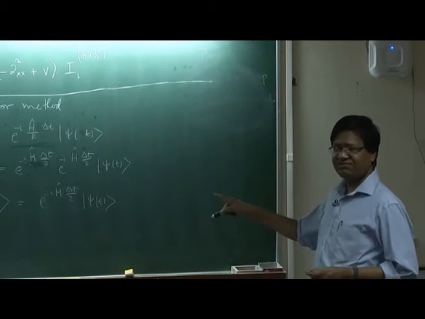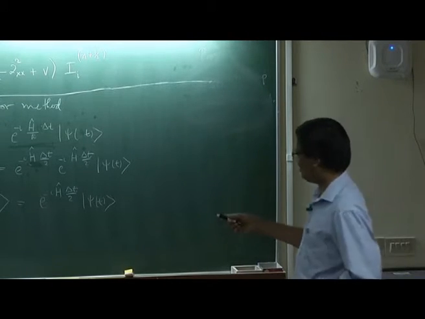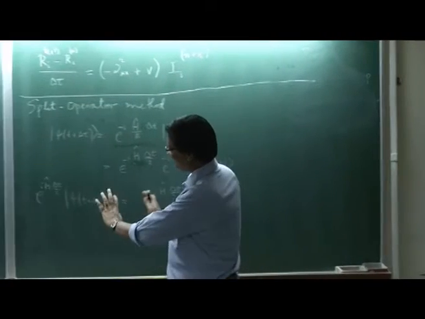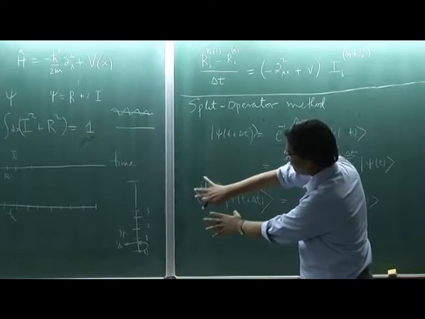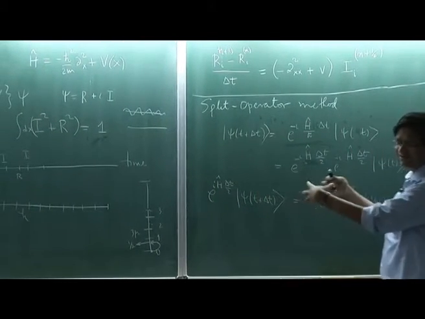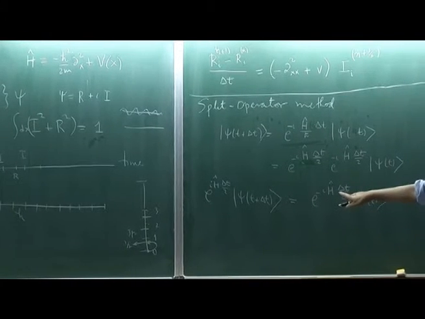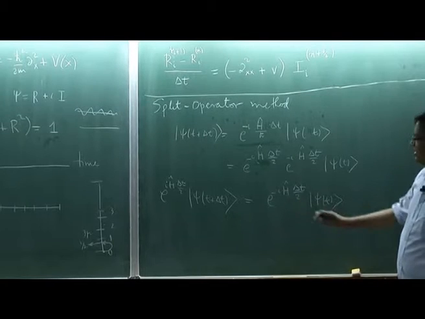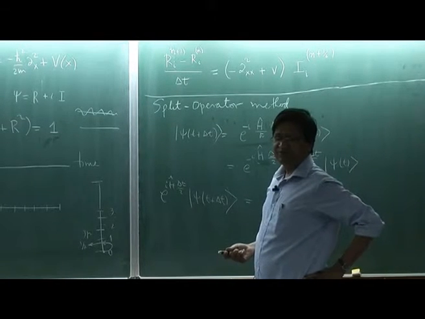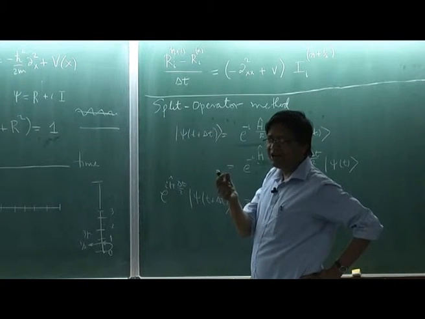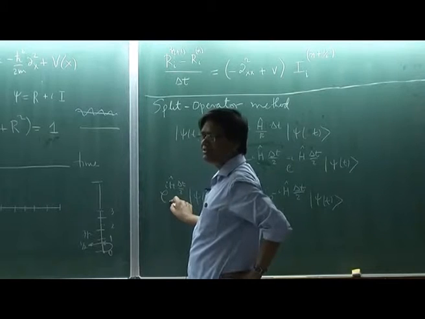Now this will preserve mod psi square. To show it I just take the ket part and the bra part and multiply, which is the scalar product. But I had to do this in finite time. My delta t is finite, it is not going to 0, so we need to approximate this.